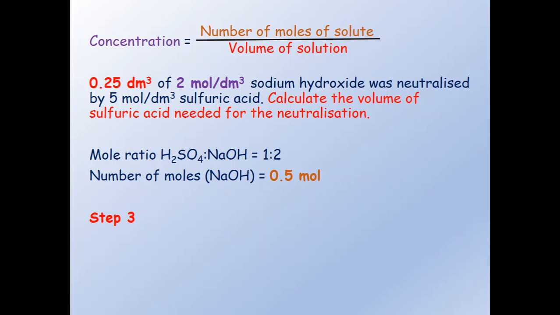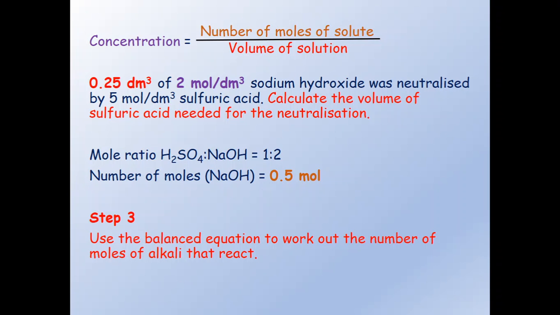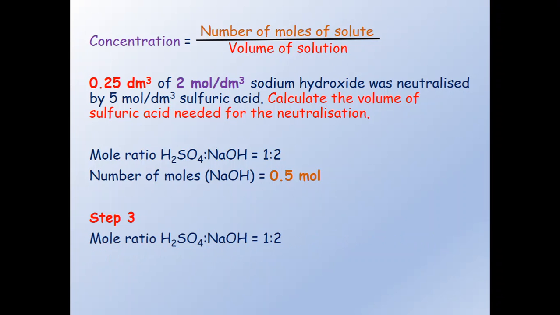Step 3, use the balanced equation to work out the number of moles of acid that react. So again, similar to the last video, we already have the mole ratio, so we don't need the balanced equation anymore. The mole ratio for sulfuric acid to sodium hydroxide was 1 to 2. So this means that 1 mole of sulfuric acid reacts with 2 mole of sodium hydroxide.